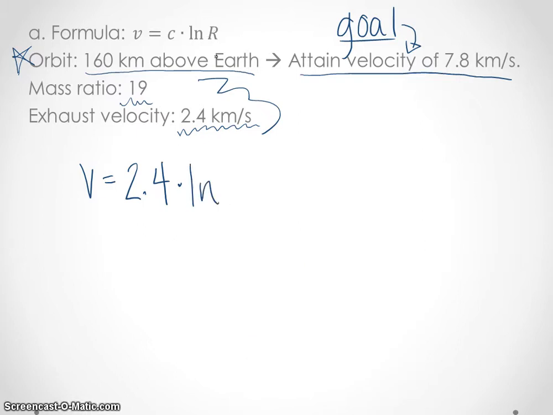And remember, r was our ratio from our tank of gas being full to our tank of gas being empty. That would be 19 here, so the natural log of 19. Plugging it into this formula allows us to figure out what our actual velocity is going to be, and we're hoping that it's at least 7.8 so that we can stay 160 kilometers above the Earth.